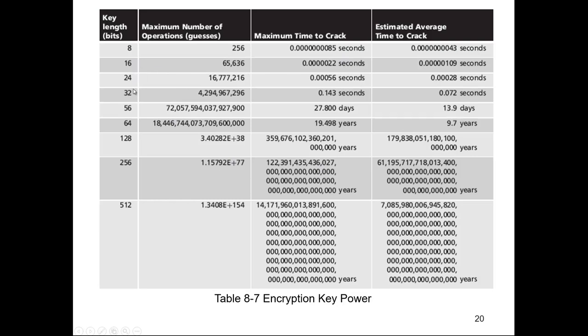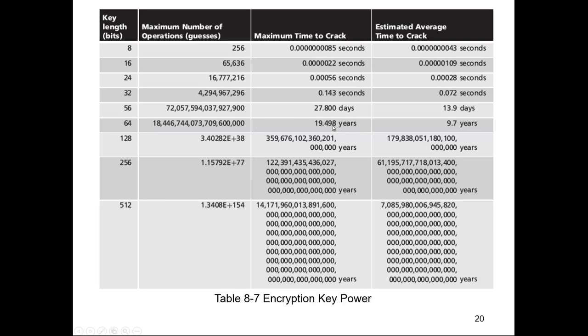You can see it starts getting better secured when you start going with 56 bits and more. Although this one takes 27 days, and 27 days is still bad, when you go to 64 bits, you start going to 19.4 years. So 19 or 20 years to crack this one, which is still good.